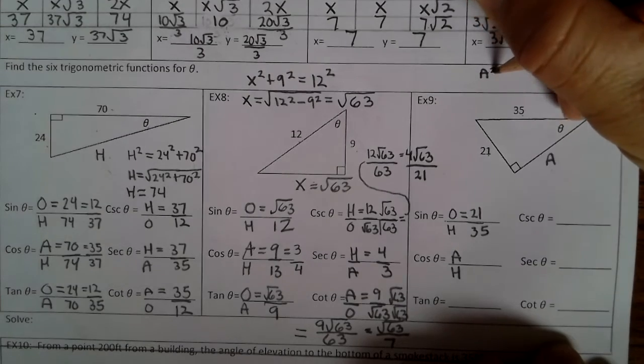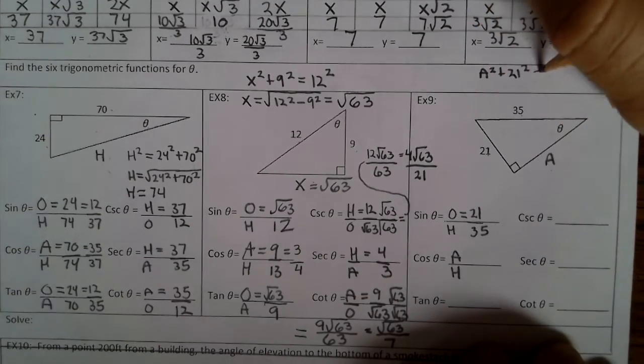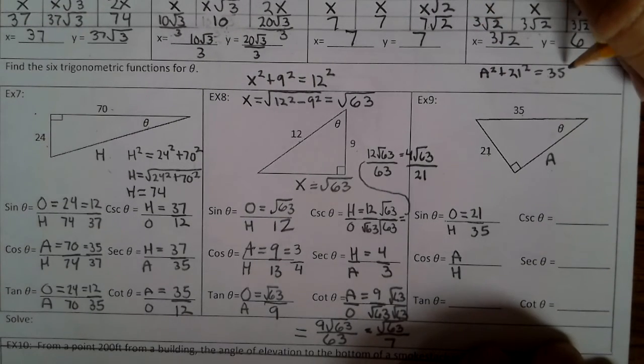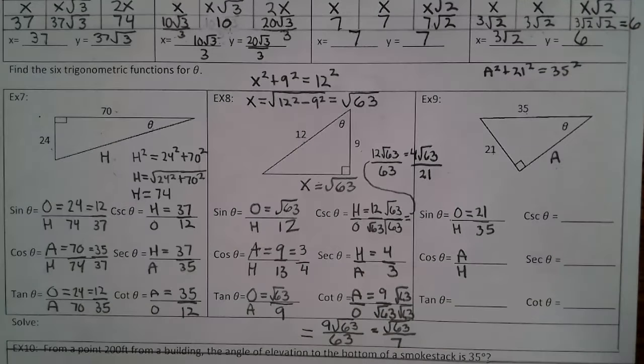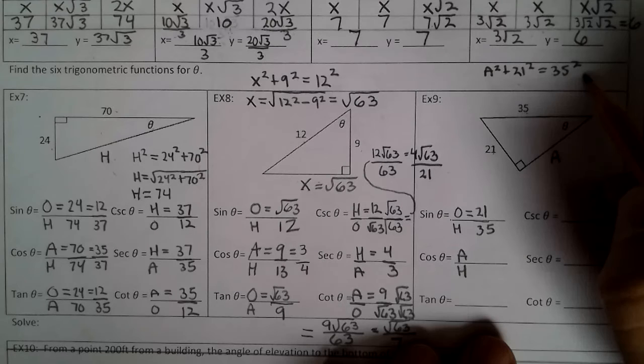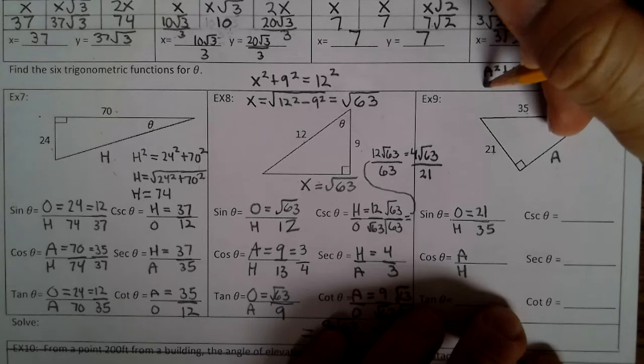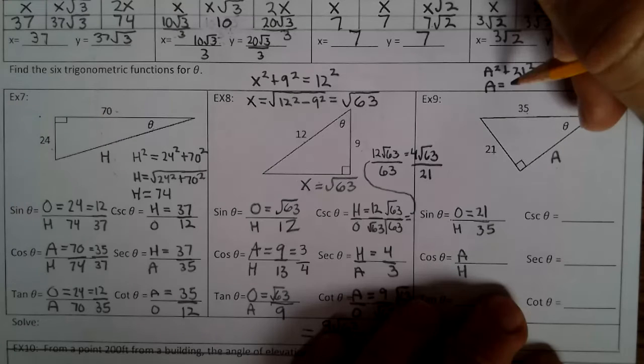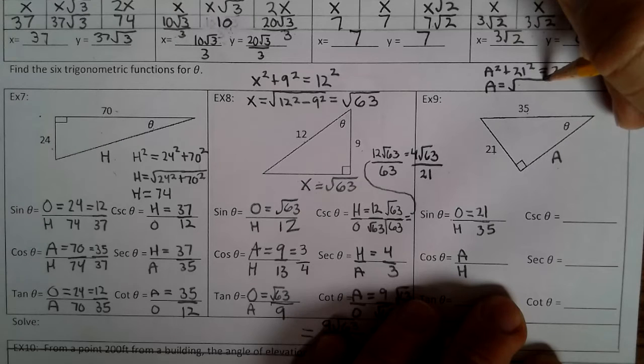So A equals the square root of 35 squared minus 21 squared, which equals, let's use our calculator for that. Okay. So control square root of 35 squared minus 21 squared is 28.